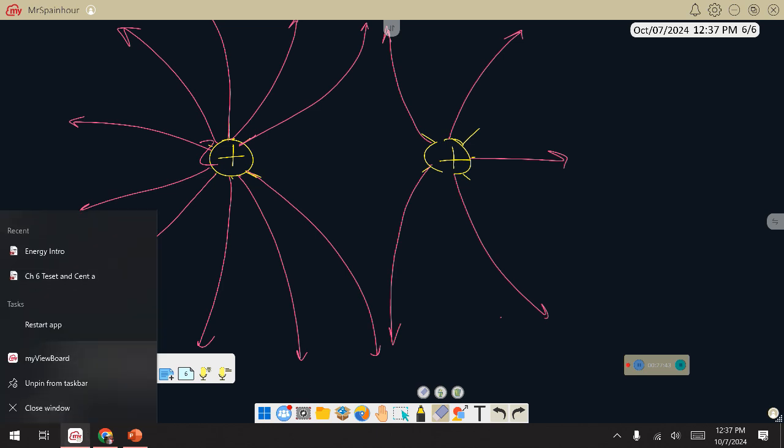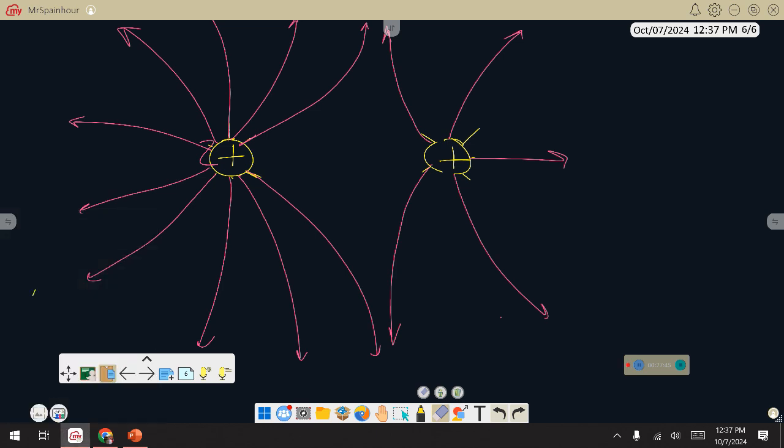Let's talk about why that is. Here I have a metal sphere that some negative charge got put onto. Now obviously we know that the metal sphere has a bunch of positives and negatives, but I'm only going to draw the excess. So here is the excess charge. What are those excess charges doing to each other?